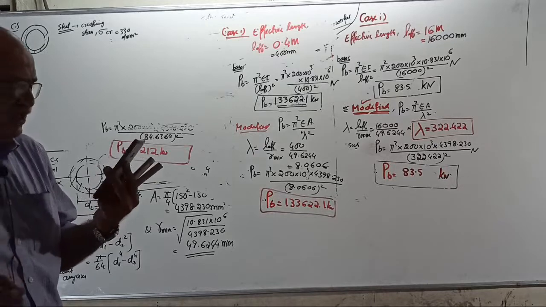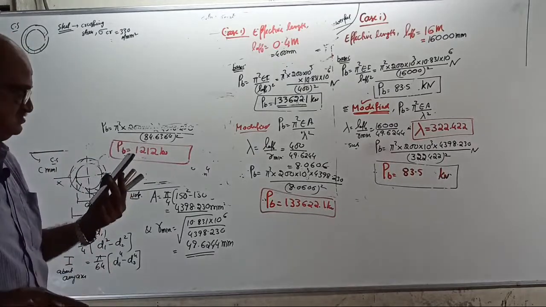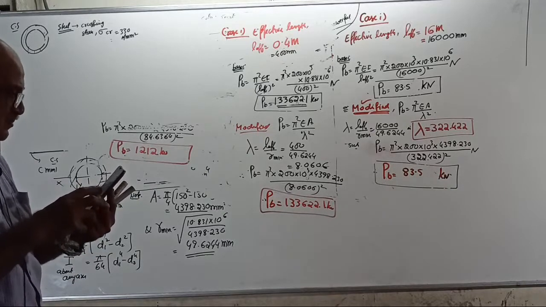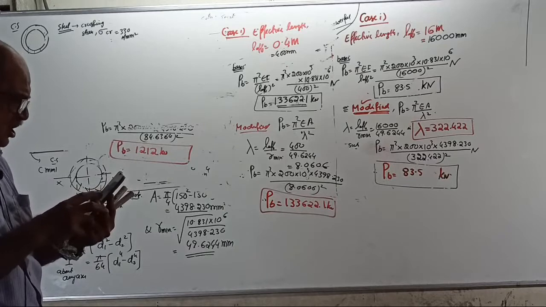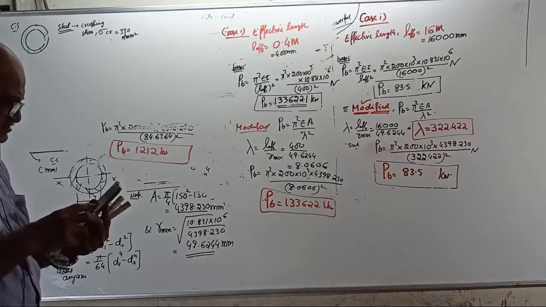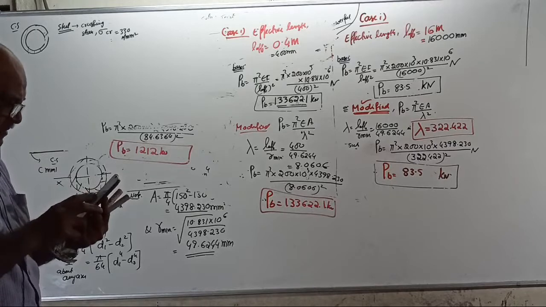When you applied Euler's formula, was this sigma CR used or not used? You are not answering. This delay is costing me a lot of time. I am just confirming audio.